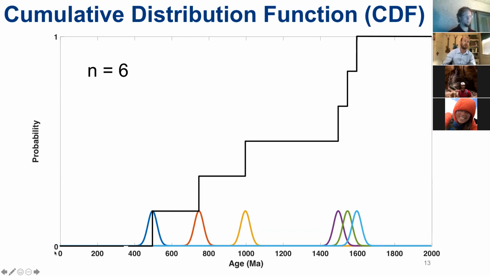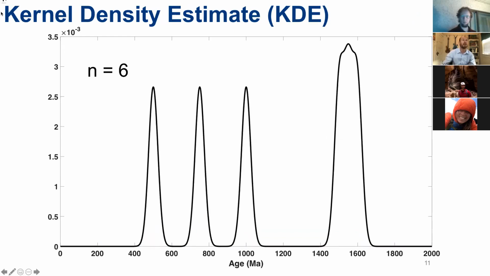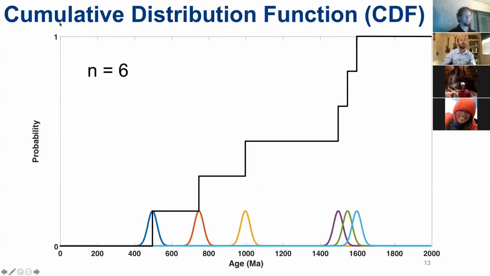So note that the probability on the y-axis now goes from 0 to 1, whereas before it's some tiny number because under these curves, that has to sum to 1. So you end up with some tiny number here, but on a cumulative plot, it just goes to 1. The way you can think about this is, say this was a perfect representation of the age distribution of the underlying population.